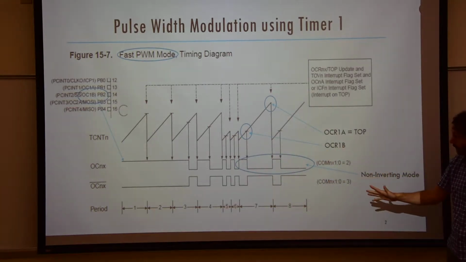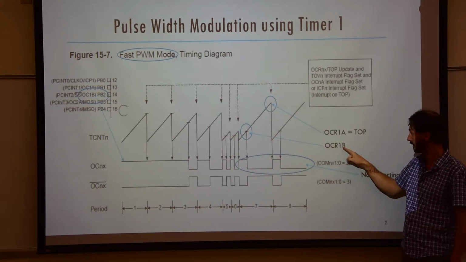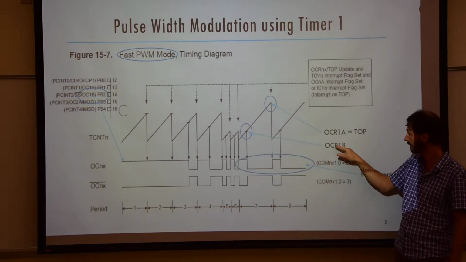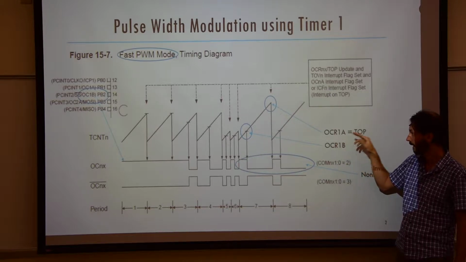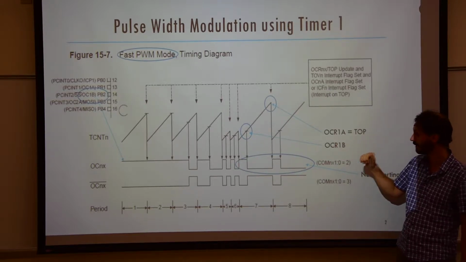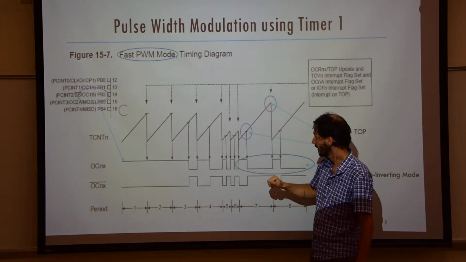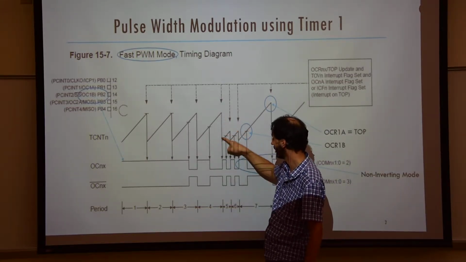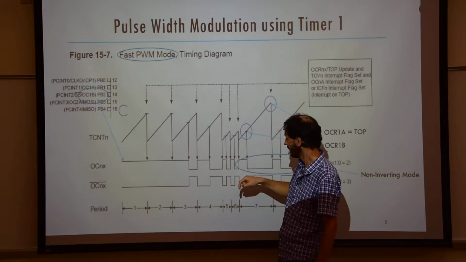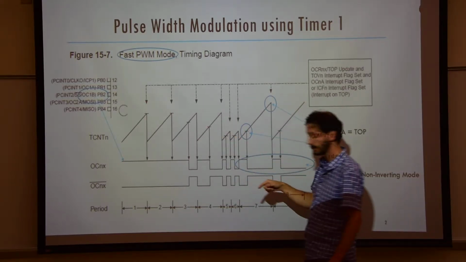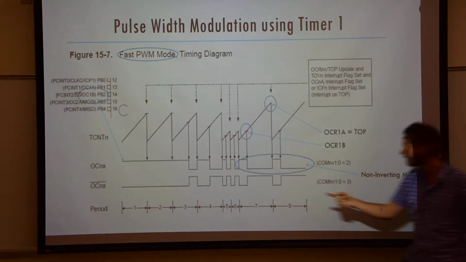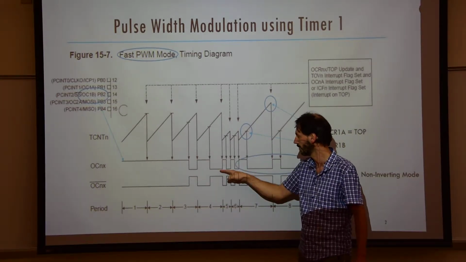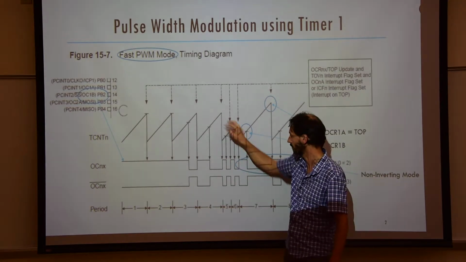Now it is also possible to set another register, the OCR1B, and also compare the counter against this register. And that will help you to create a block waveform. So let's have a look at this particular sawtooth, and that is going to be translated into a high signal at the start, and then a low value at the end of the sawtooth.